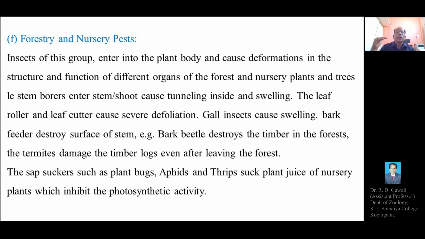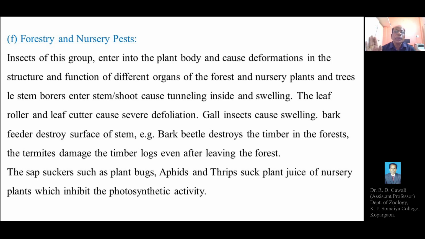In the pest of forestry and nursery, insects again form the major group, which enter into the plant body and cause deformations in the structure and function of the different organs of the forest and nursery plants and trees.